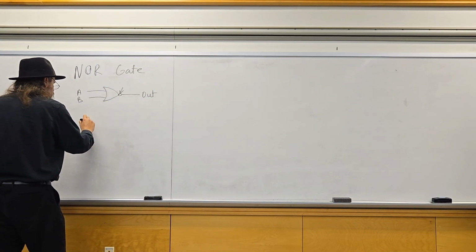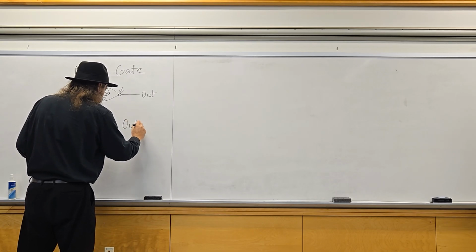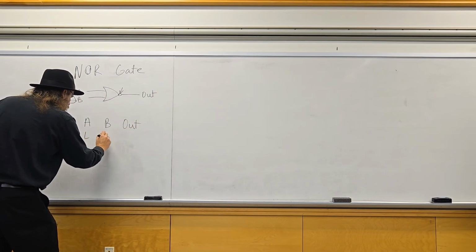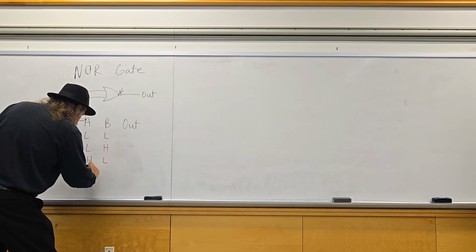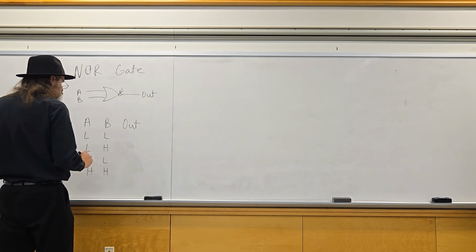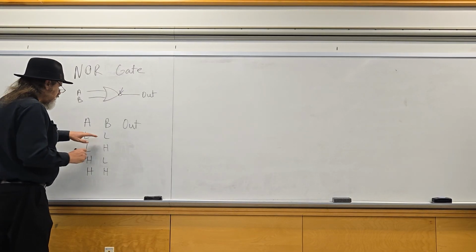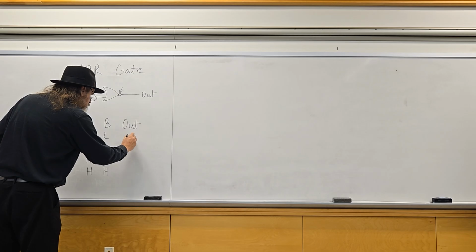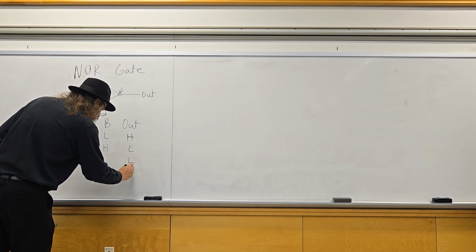And the state table is the inverse of an OR state table. So it's high when both are low, and low when either one of them is high.